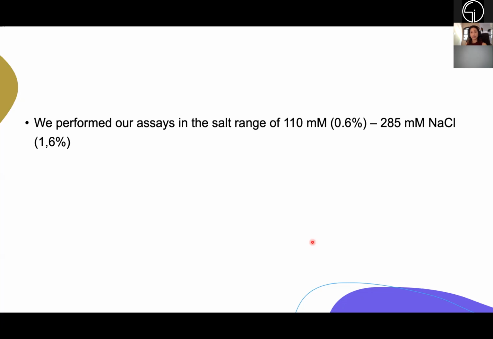That is a kidney from monkey cells, up to 285 millimolar of NaCl.